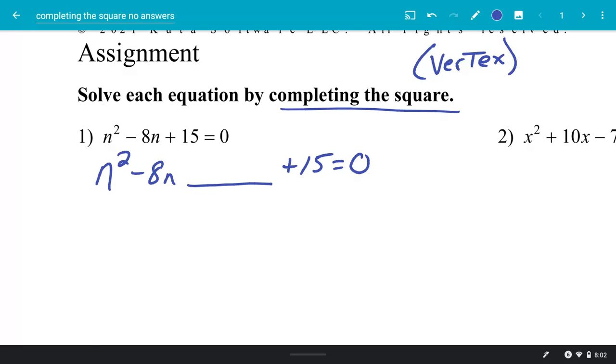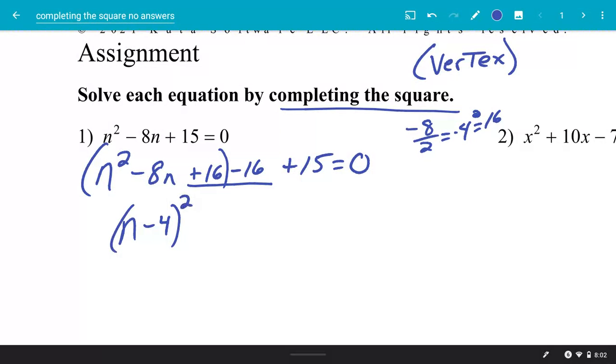All right, so what am I going to add and subtract here? Well, I got to figure that out by using my middle term. So I got -8 divided by 2, which is -4, and then I have to square that, so 16. So I'm going to add 16 and subtract 16. Now that makes this a perfect square trinomial, which factored is n minus 4 quantity squared.